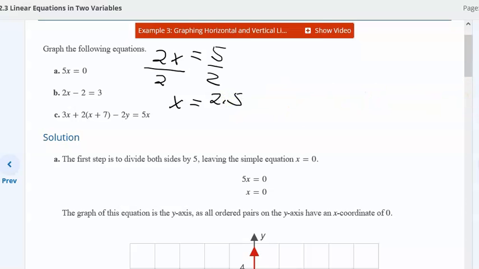And again, in graphing this, putting some points here, there's 1, there's 2, there's 3. So 2.5 would be right about there.